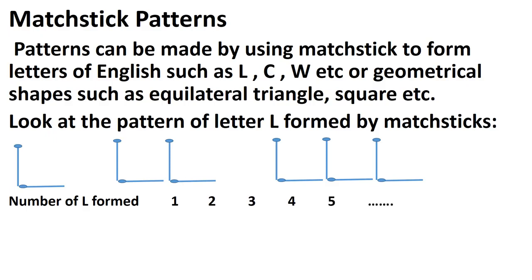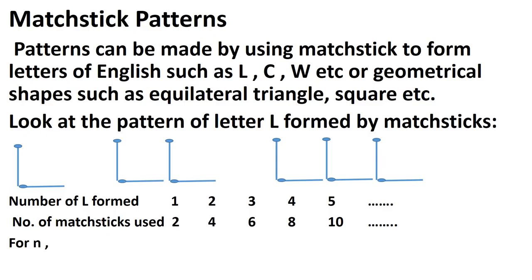If one L is formed, the number of matchsticks used is 2. For 2 it is 4, for 3 it is 6, for 4 it is 8, for 5 it is 10. So if we make the L n times, the number of matchsticks used is 2 multiplied by n, that is 2n.